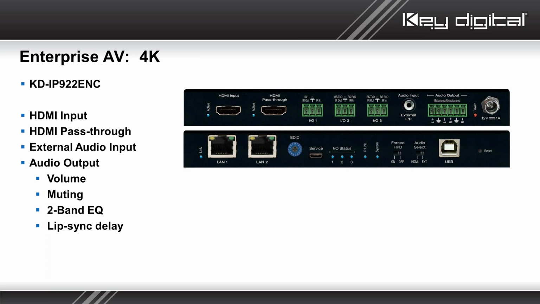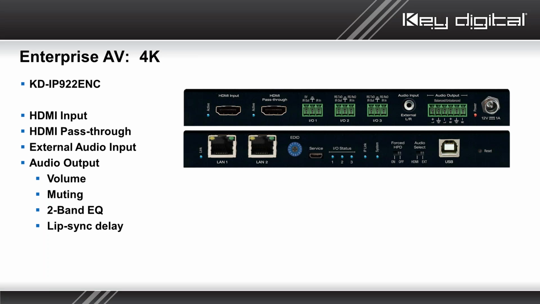On the top right, by the way, this is the front and back of the unit, you have your 6-pin Phoenix connection for balanced or unbalanced audio that is an audio de-embed of the signal you're sending into the enterprise AV system.